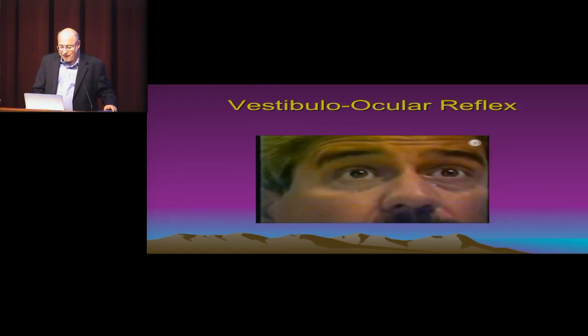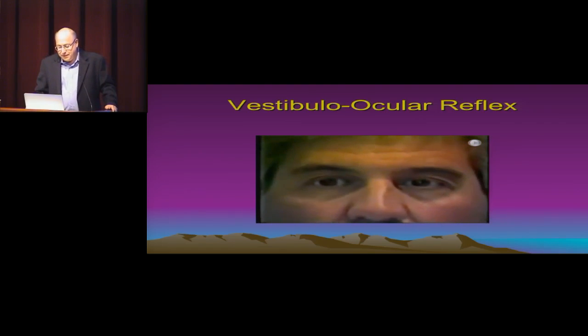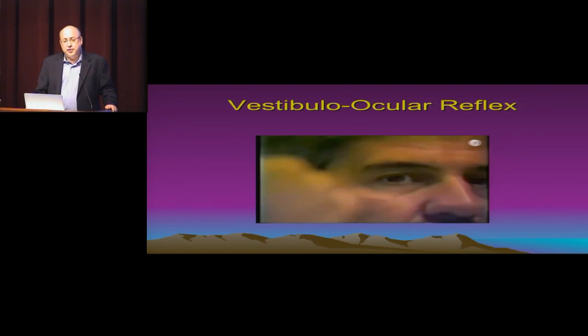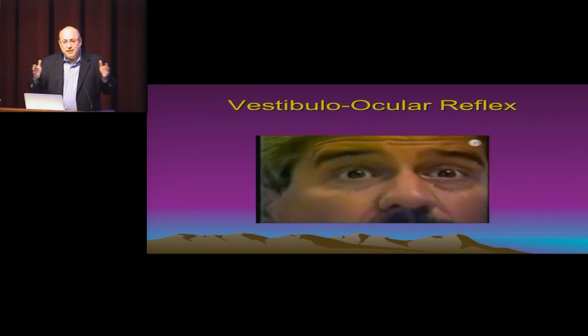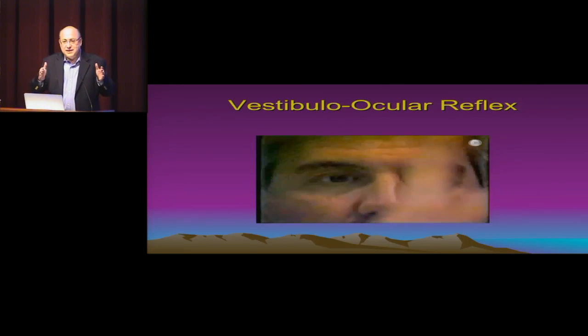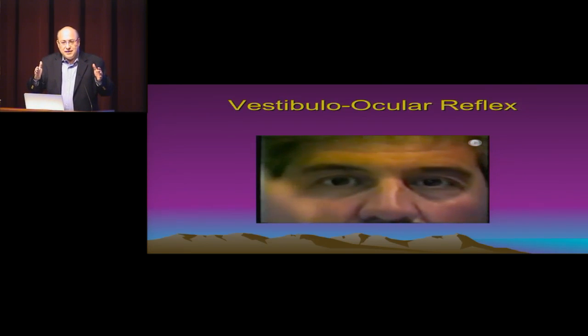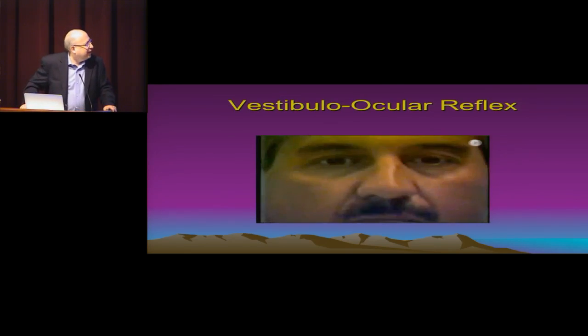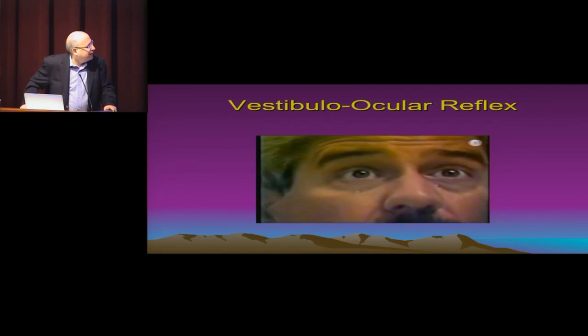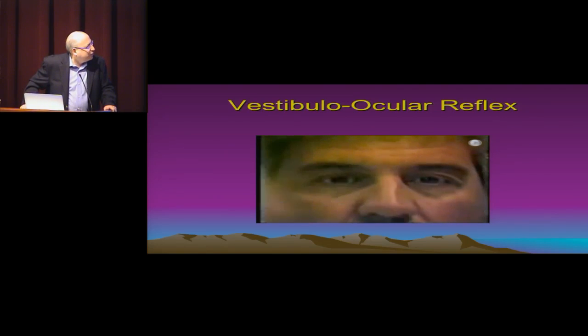He can't look up voluntarily, to show that this is supranuclear. But also, if you look very carefully, he's got these convergence-divergence eye movements that are very subtle. They're very small in amplitude, and they're in and out, about one per second.